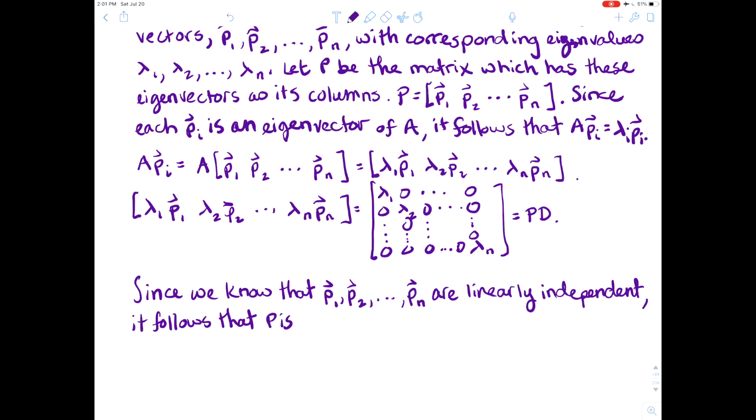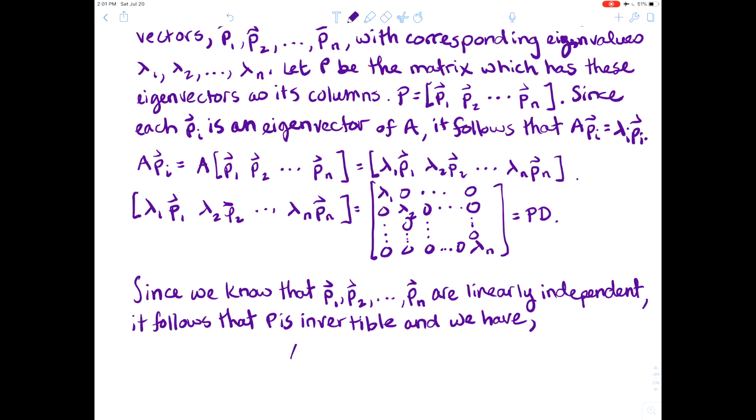Beautiful, P is invertible. And we have what?